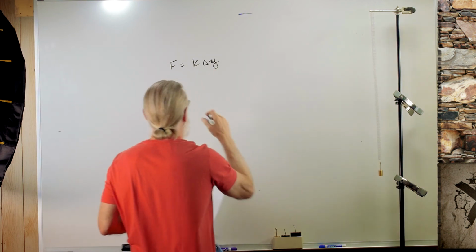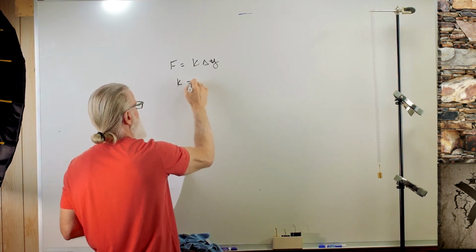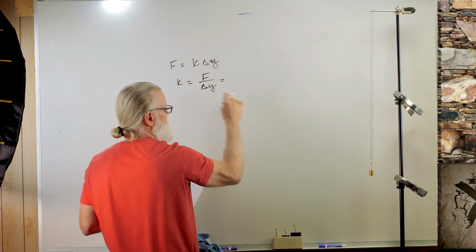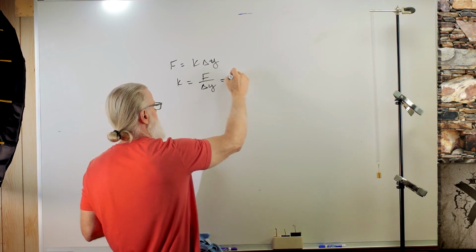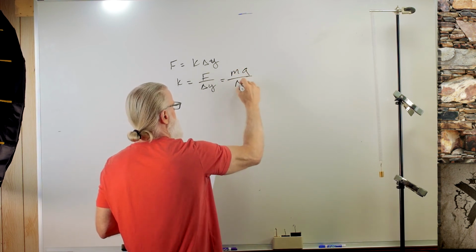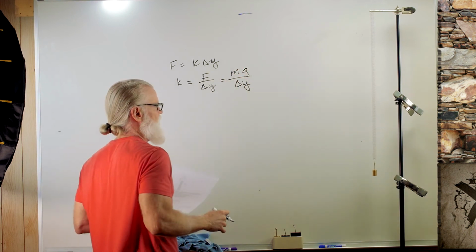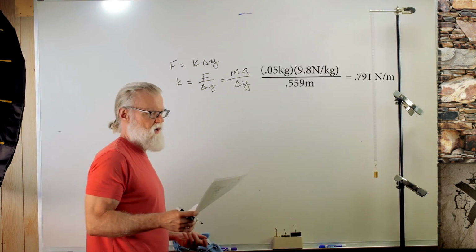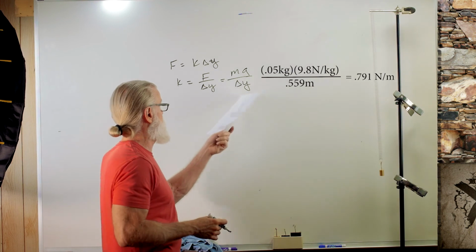So you have the measurement to get delta Y. So K equals the force on the spring over delta Y. In this case, the force on the spring is the weight, which is mg over delta Y is K. So you can plug the numbers in to get that. I don't have the numbers handy, but you can do that.